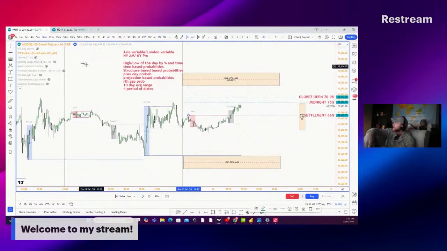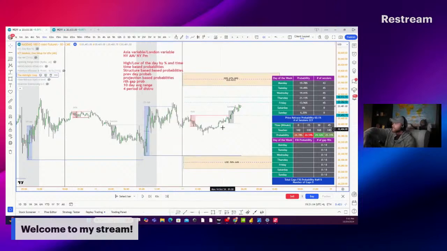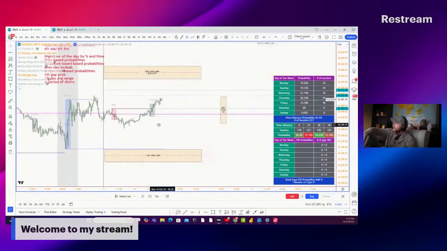Close enough. All right, and then I'll use this midnight snap indicator, and I'll just put this on 1800. And if you guys have any questions, just let me know. All right, and you can see the pink line showed up for 1800.